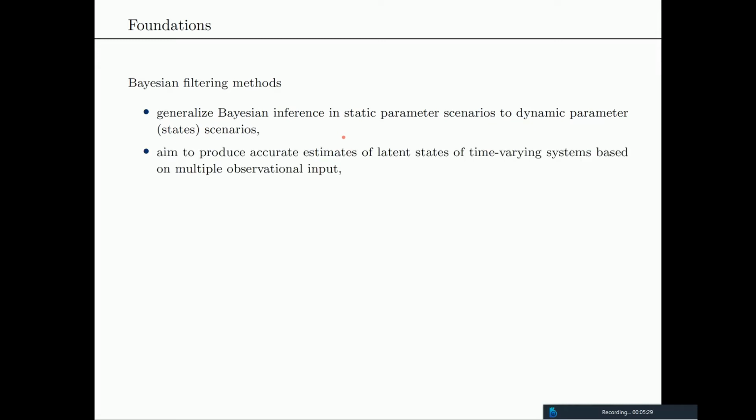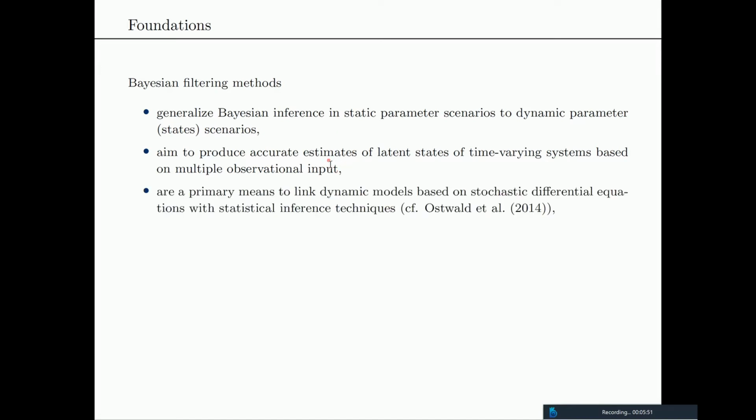That's just a big word to say that what you actually want to do is to estimate some latent states in a model based on observations. You have time-variant systems, and you want to estimate their states based on observations and the inclusion of observation noise. What that really means, we will see once we have it defined.